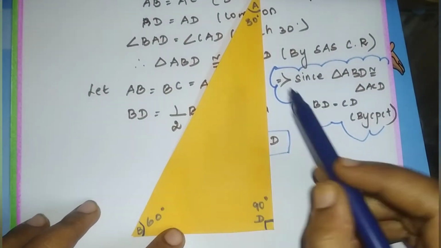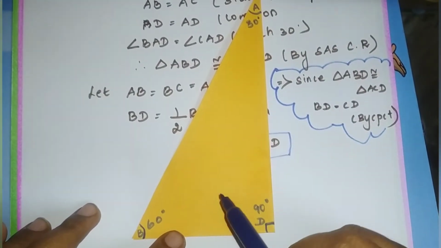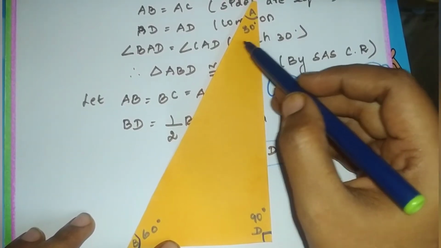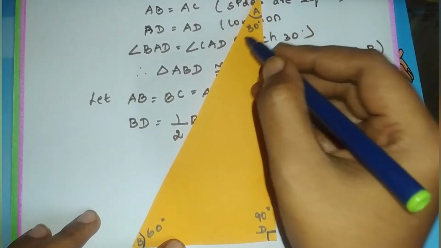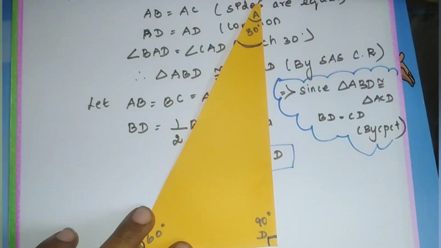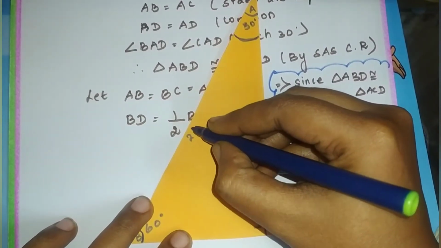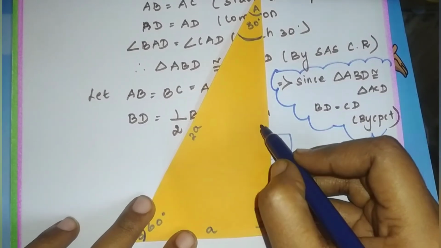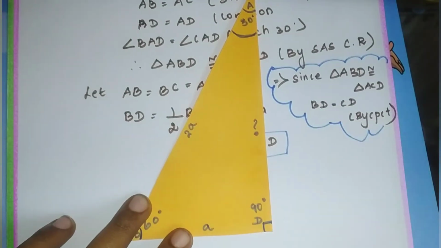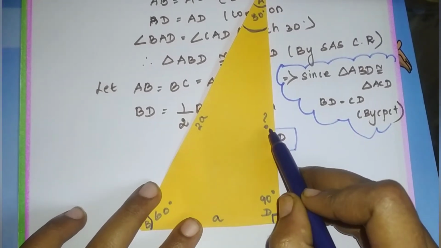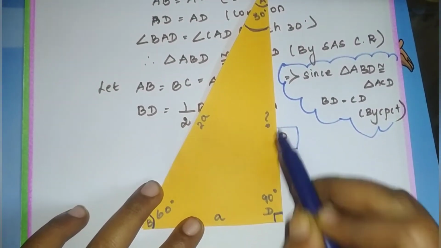Now we have to find the trigonometric ratios of 30 degree first, with respect to angle A. We know that this side is 2a and this side is a, and we don't know about AD. So first we have to find this missing side.